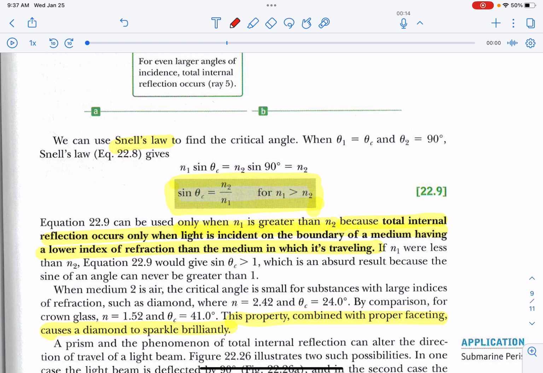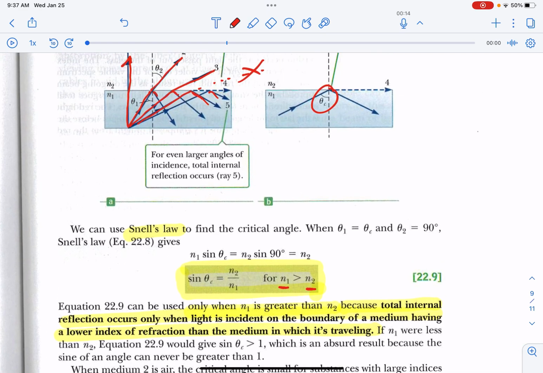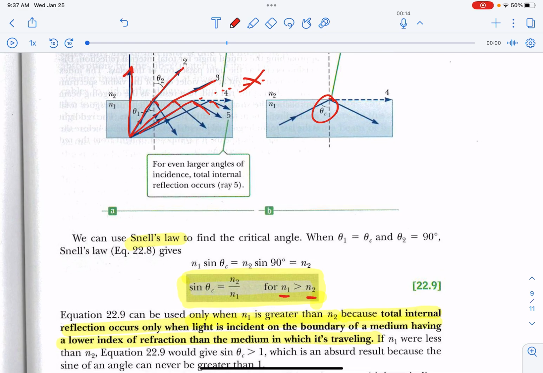And of course, the index of refraction for material 1 is greater than the index of refraction for material 2. Just like up here, n1 is greater than n2. This would be like going from glass to air or water to air. Normally, though, we use glass because that enables us to have what we call fiber optic cables.